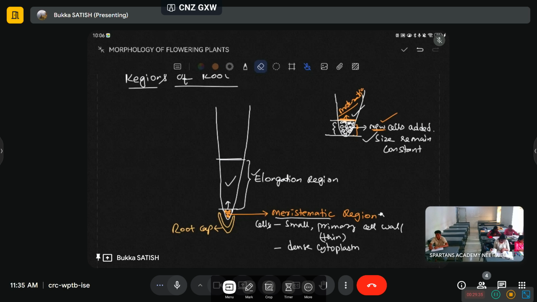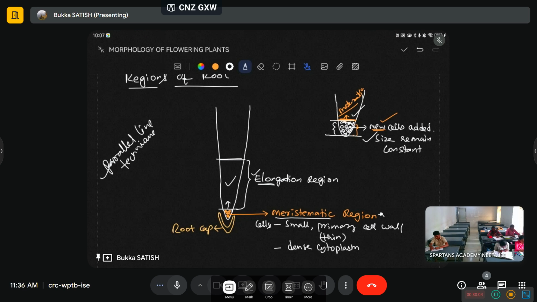Very good. The parallel line technique, which we have discussed in plant growth and development. By using this, we have understood that every part of the root does not have equal growth. Growth is present only in this zone, that's why it is the elongation region.